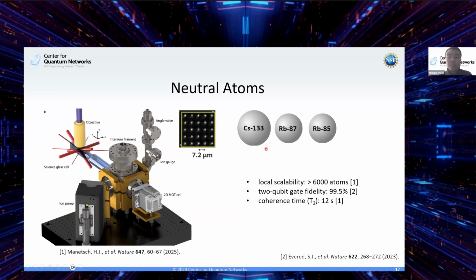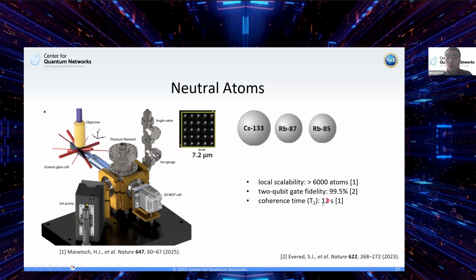Common neutral atom species are chosen for their hyperfine structure. These include cesium-133, rubidium-87, rubidium-85, and more recently, some of the ytterbium isotopes as well. What neutral atoms excel at is scaling up in a single trap. The state of the art is about 6,000 cesium-133 atoms. Relatively high single and 2 qubit gate fidelities have also been demonstrated.